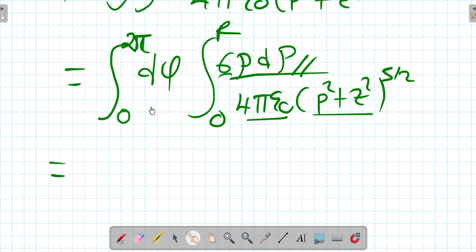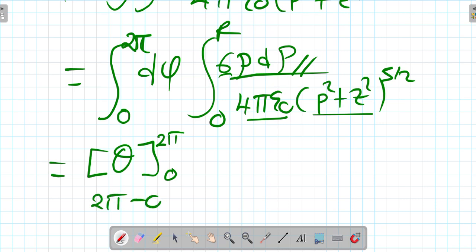Evaluating from 0 to 2 pi, you have 2 pi minus 0, so here we're just going to have 2 pi.